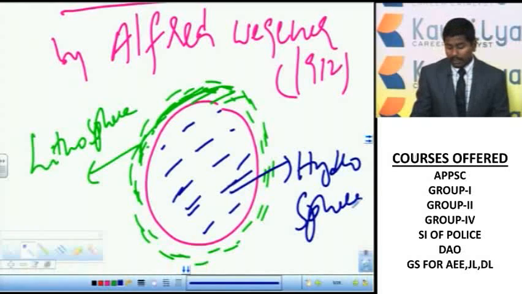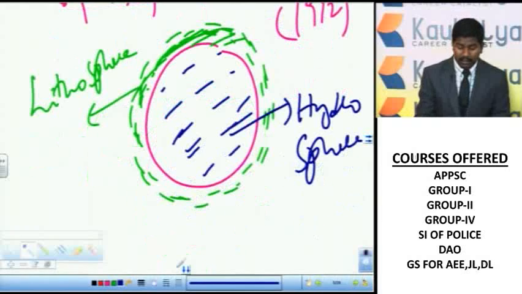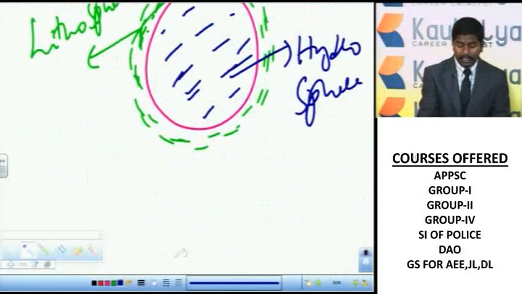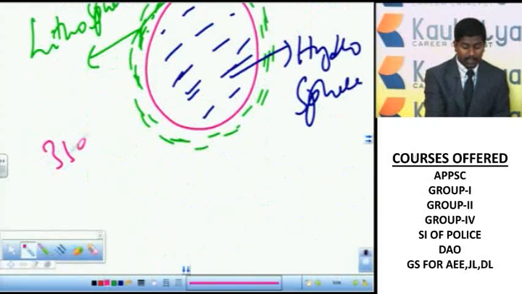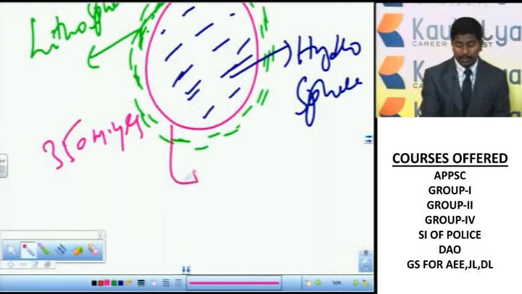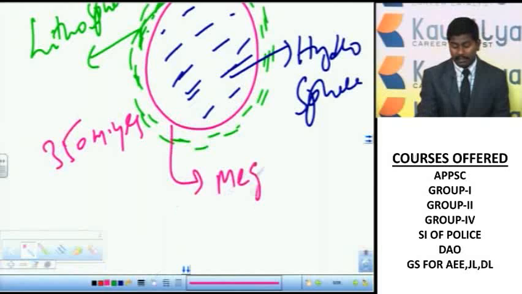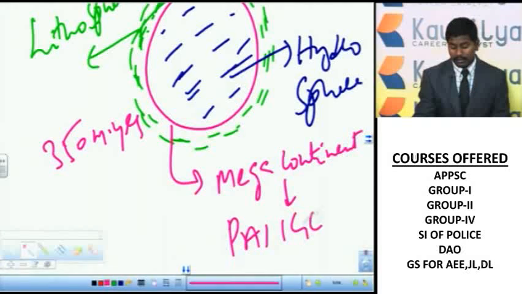So here in this picture, you can see that Wegener called the single continent, or single lithosphere, at around 350 million years ago, the mega continent on the surface, as Pangea.